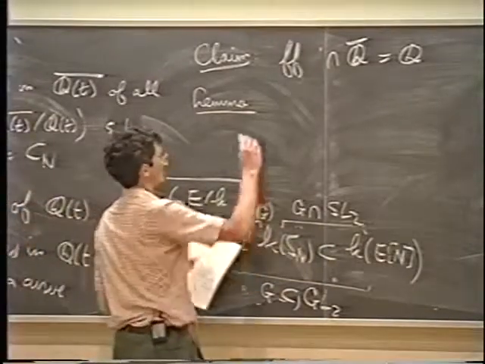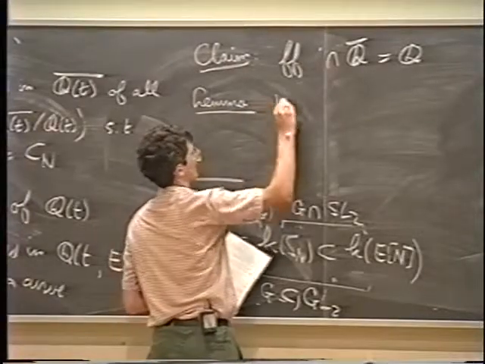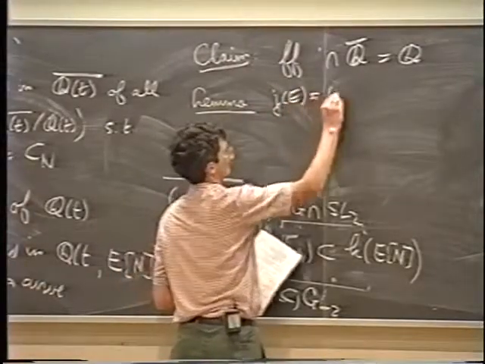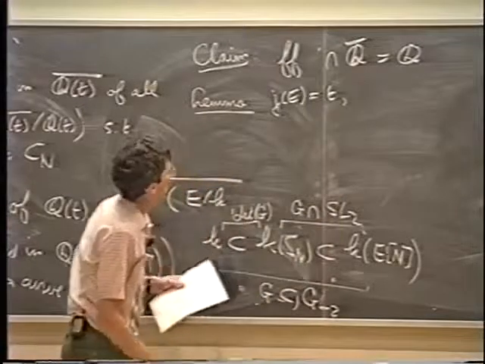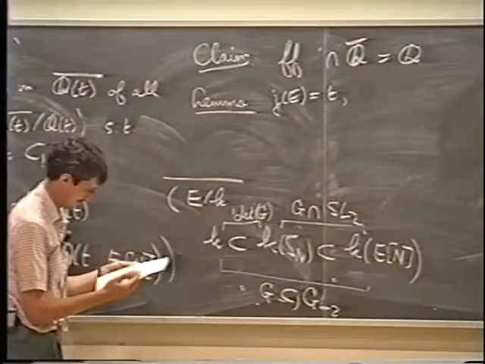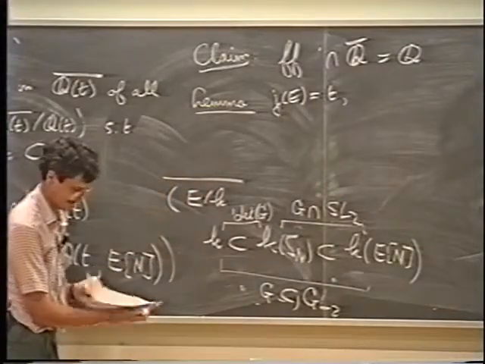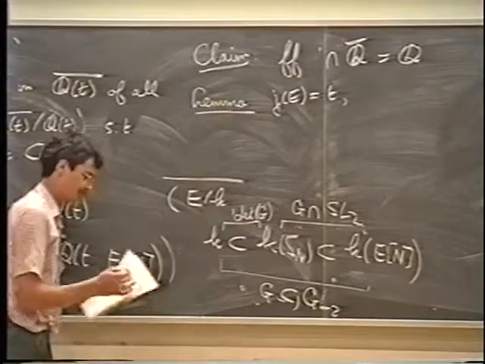Now, the lemma is that if the j-invariant of a curve E is t, and I look at the extension, did I write this down somewhere? I hope I did.